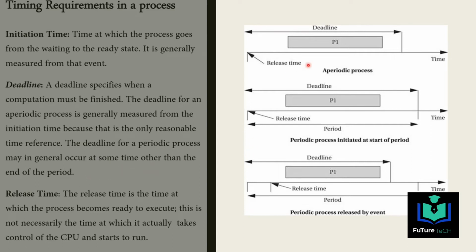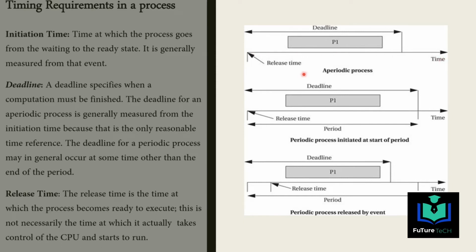You can see the diagram for a periodic process. It has the release time, the time at which the process becomes ready to execute. This process is denoted as P1 and it has a particular deadline at an instant of time.